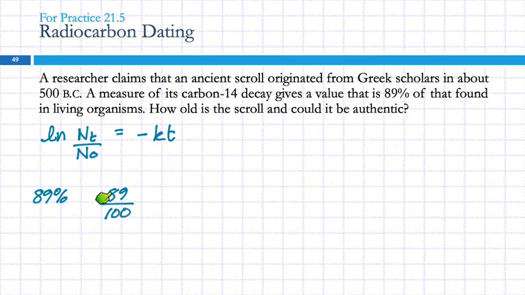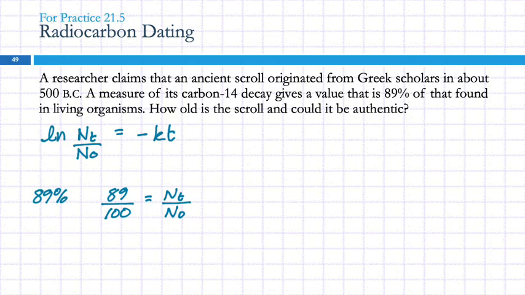This tells me that 89 of the original stuff out of 100 is left, right? So this is going to be our ratio of N_t to N_0. If we started with 100, 89% left says we've got 89 left. If you want to simplify that and use 0.89 instead, that's fine.